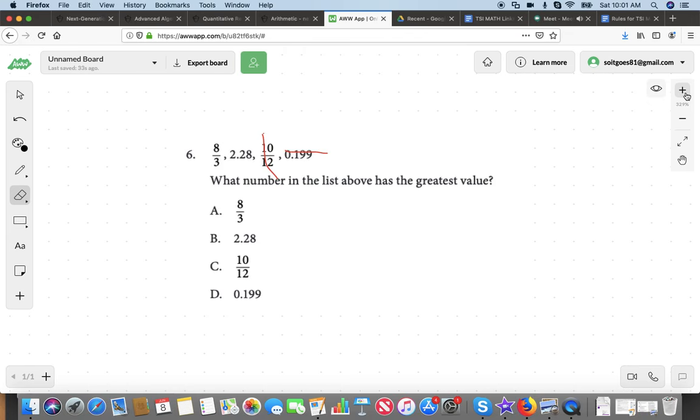Probably closer to 3, because it's going to go into 8 2 times completely, and then there's like 2/3 left. It's closer to going into 9 than it is to going into 6.